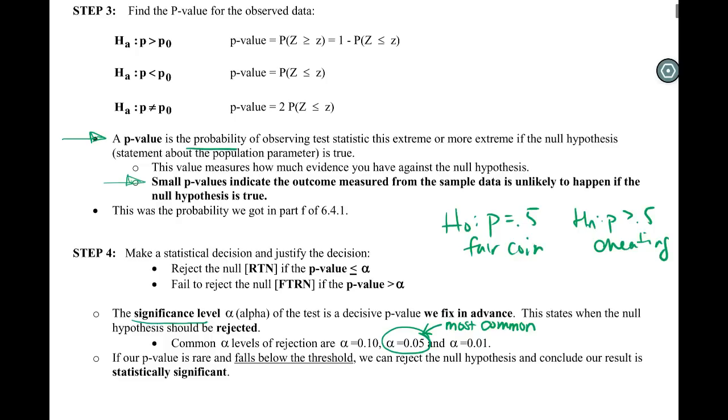Since in the second example, when we did it with 200 flips, we came up with a value that was lower than every single one of these significance levels, we would reject this, saying, well, this is so rare, I don't think that this is actually the case. Chances are it's much more likely that we actually have a roommate cheating or that we have a coin that's unfair. Now, here's a big piece to this.